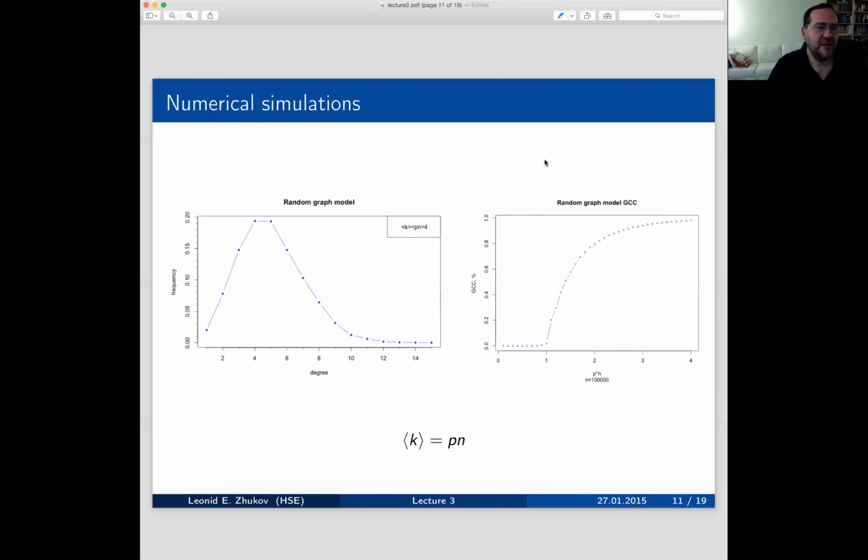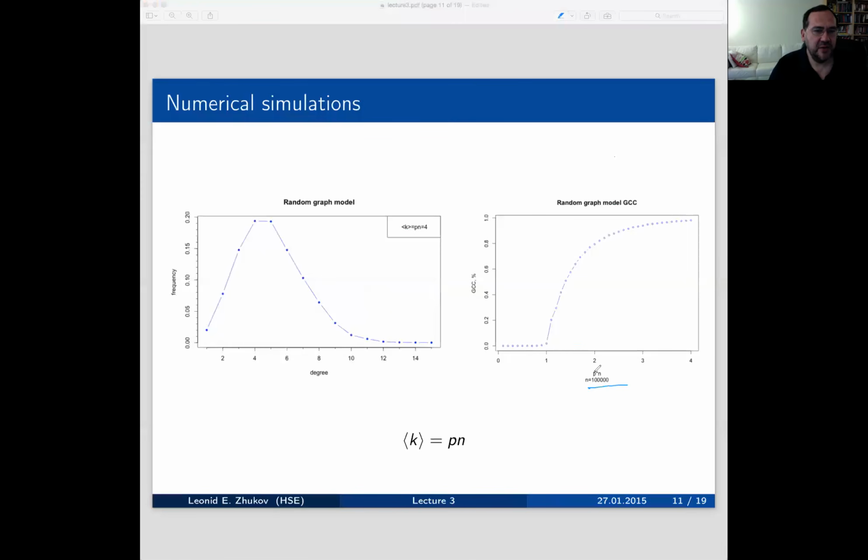So the previous picture was really just a numerical solution of the equation. Here, it's actually a simulation on the graph model itself. I took a simple model and just generated a random graph, in this case with 100,000 nodes.